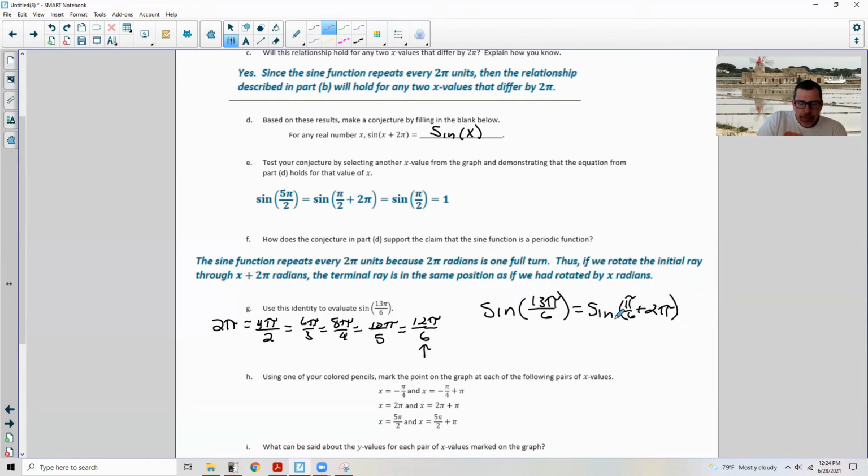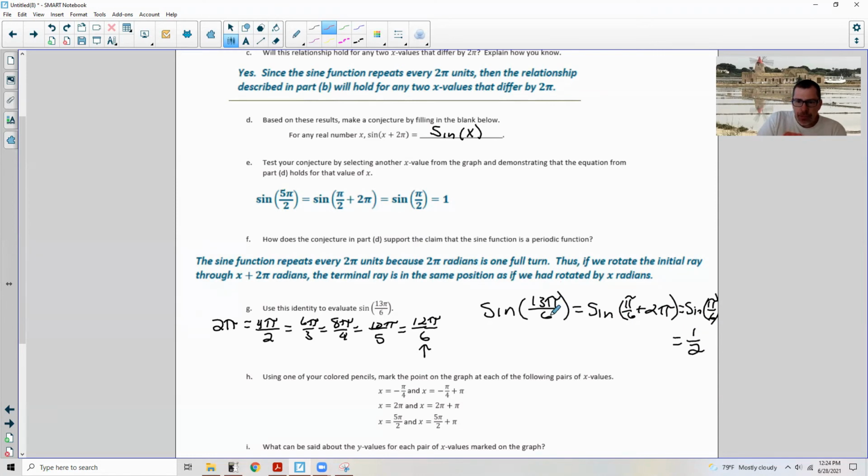Does that make sense? So you would say the sine of pi over 6 plus 2 pi equals the sine of pi over 6. Okay, and what is the sine of pi over 6? Well, if you remember on the unit circle, that would be the 30-degree angle, and the sine is the opposite side, so that would equal 1/2.